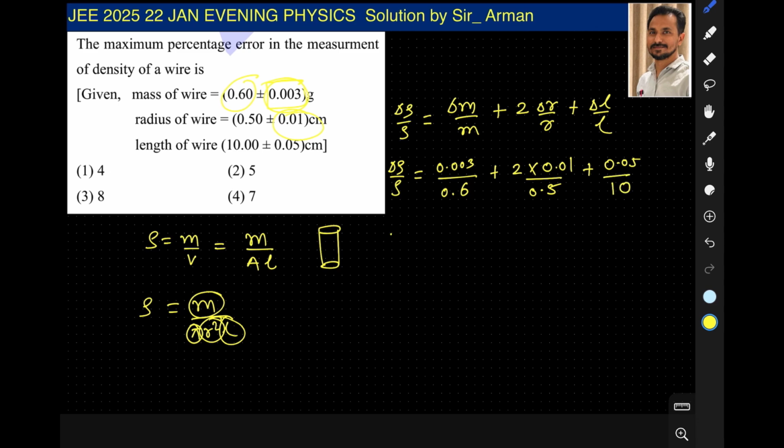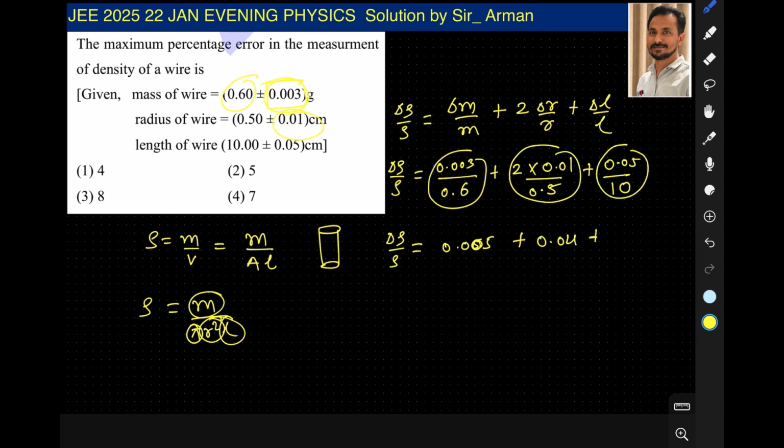Now if you solve this, then you will get delta rho by rho is equals to, now if you solve this part, you will get 0.05 plus, if you solve this part, you will get 0.04 plus, if you solve this part, you will get 0.005.